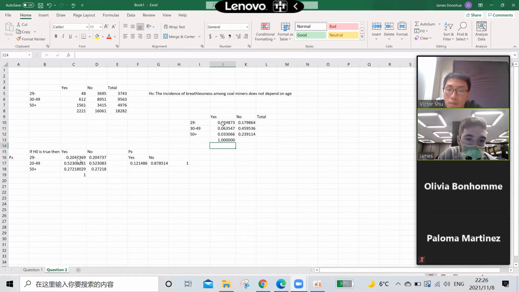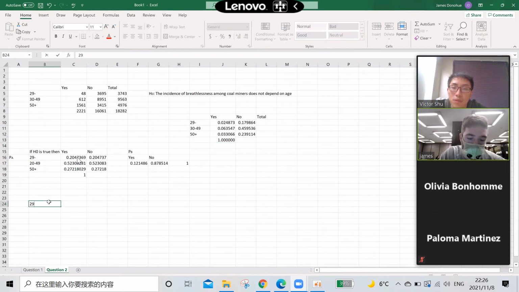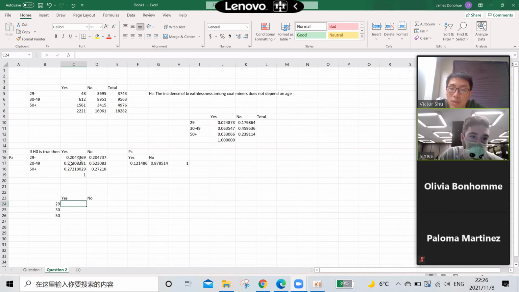And so to get the expected now, you use your probability. Now we have the probability for each cell. So it would be this times here.